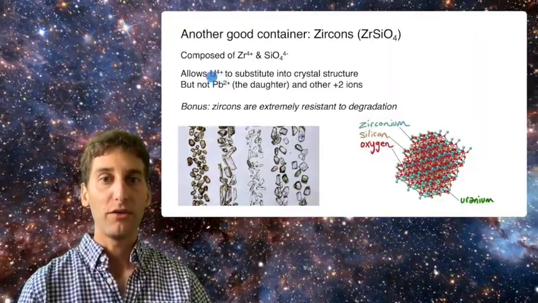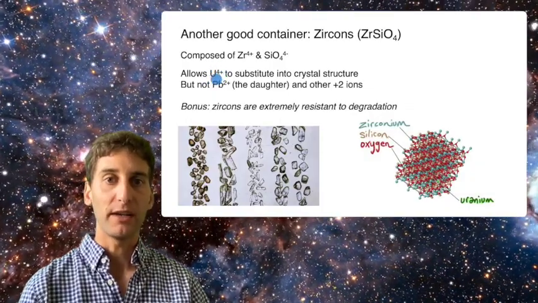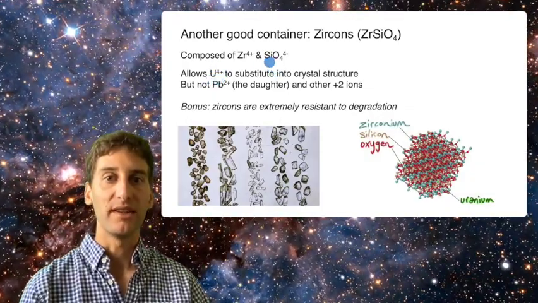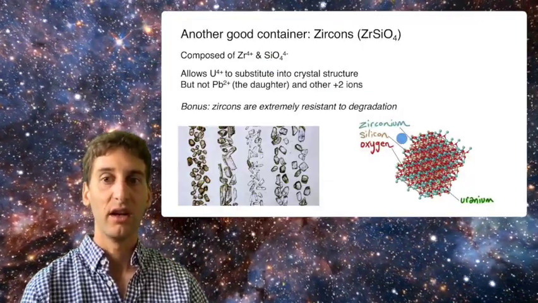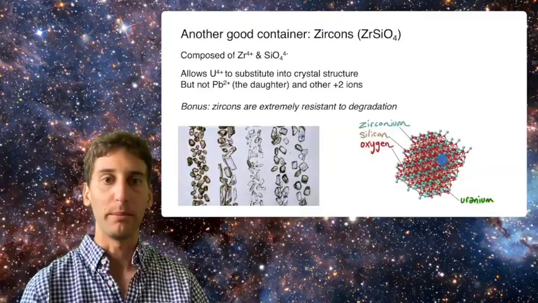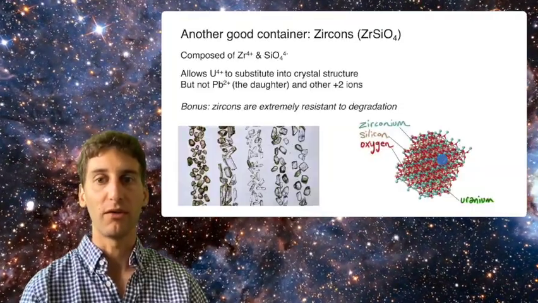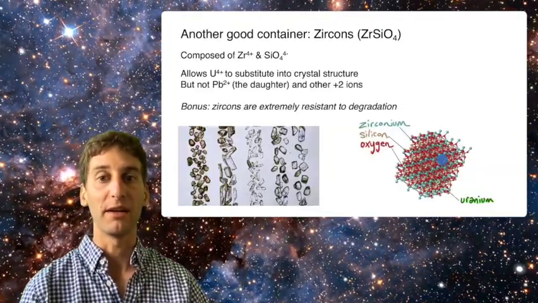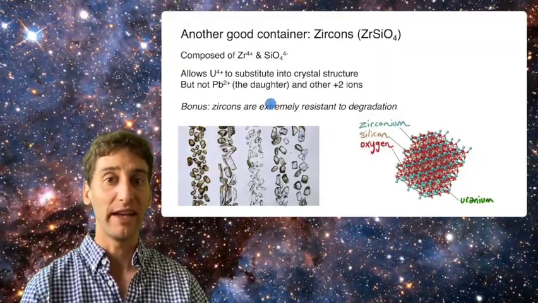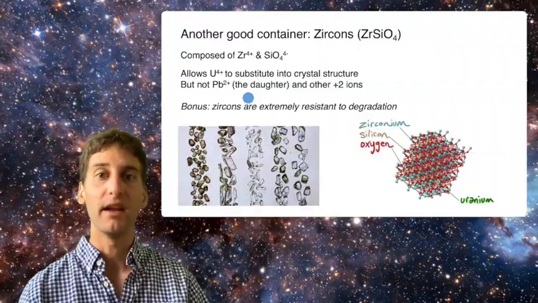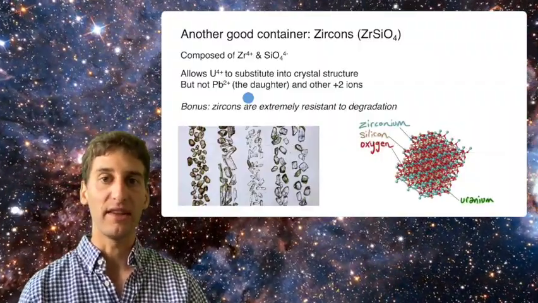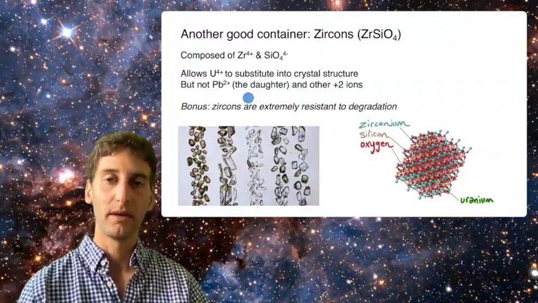So the U4+ uranium atom can substitute into the silicon 4+ space in this crystal structure, and so based on the environment where these zircons can form, they incorporate good enough uranium. They actually don't take up a lot of lead, so they start off all uranium, no lead, and then they decay as they sit in this closed system.